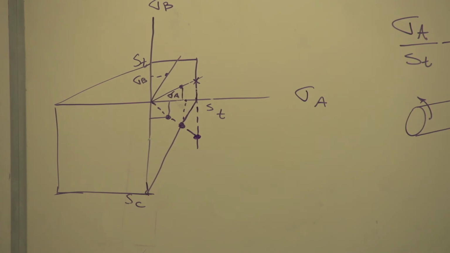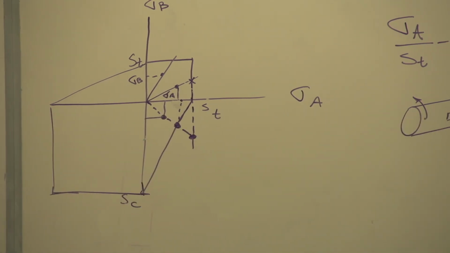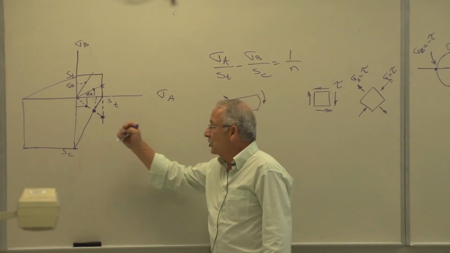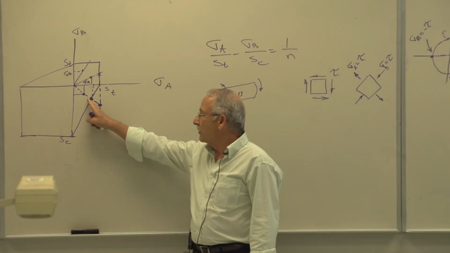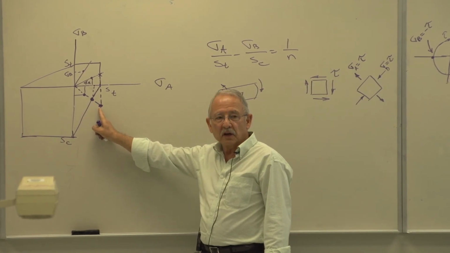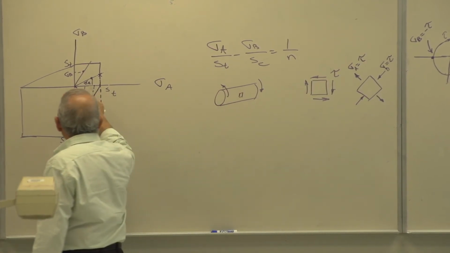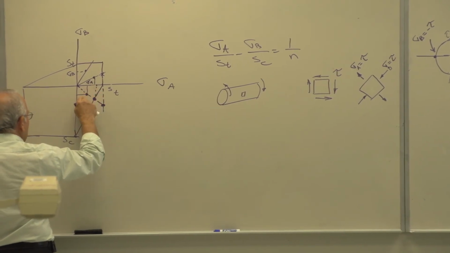Everybody following? If you have any questions, you better ask now, because this is going to come up and you're going to have to use it. If something doesn't make sense, please let me know. So, as we look at this Coulomb-Mohr theory of failure, we see, well, this is not a correct answer. That's the correct answer. So this needs to be modified. And this is true for all values of sigma A, magnitude greater than sigma B, sigma A positive, sigma B negative.